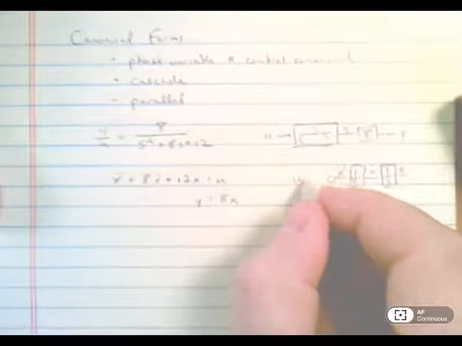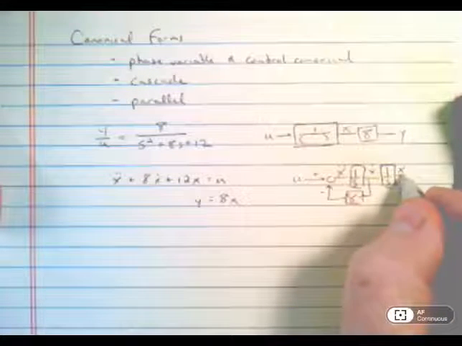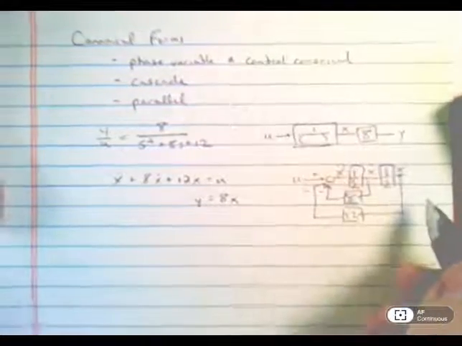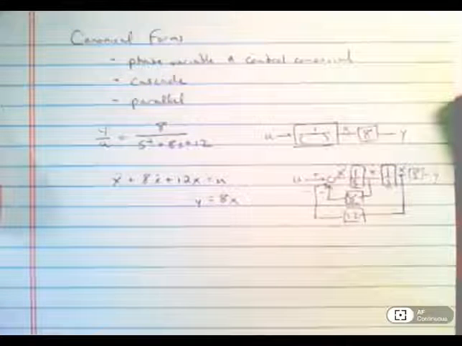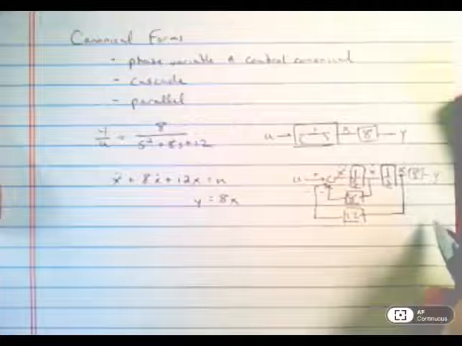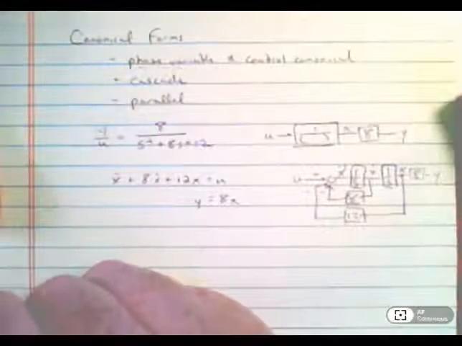I've got a u coming in to add, and I'm going to have a minus 8 x dot and a minus 12 x contribution in order to get my x double dot. Then I'm just going to multiply it by 8 in order to get y. So there's my block diagram for my standard cookbook technique, which again is going to give me phase variable form.